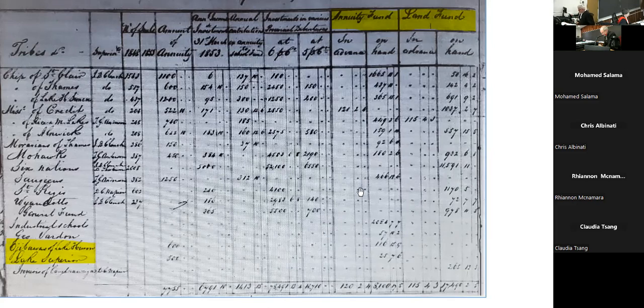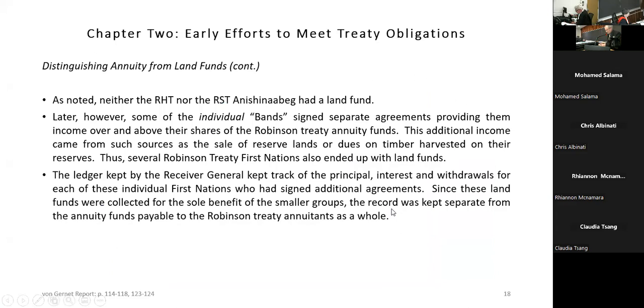Well, then as we go to the next slide, you make a point of differentiation in the first two bullets there. And then you talk again about individual bands having separate agreements. Can you just elaborate on those first two bullets to begin with?